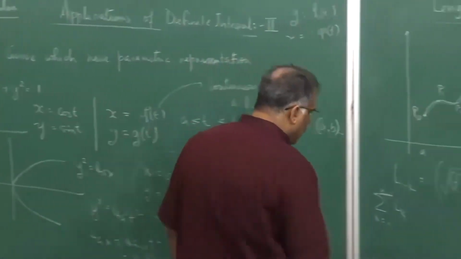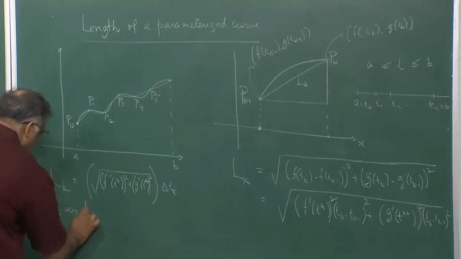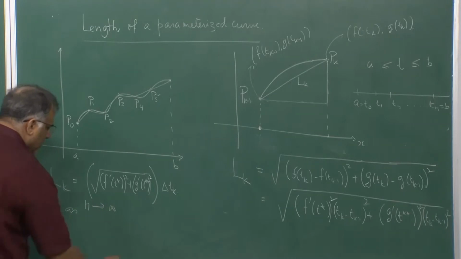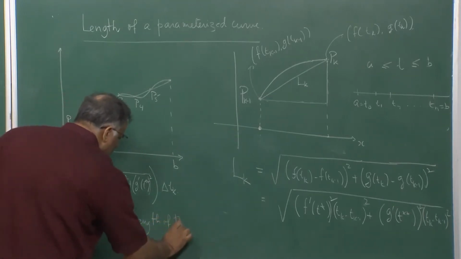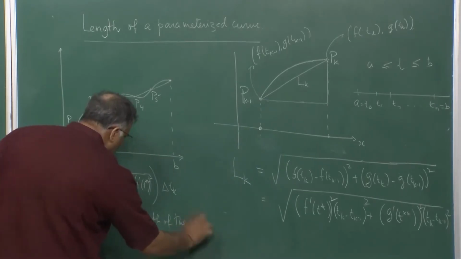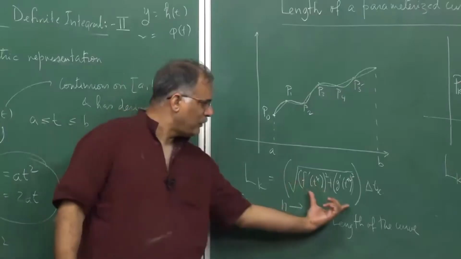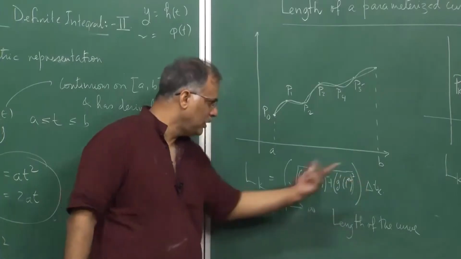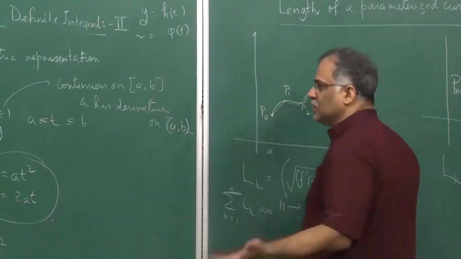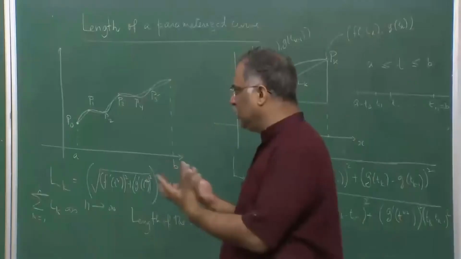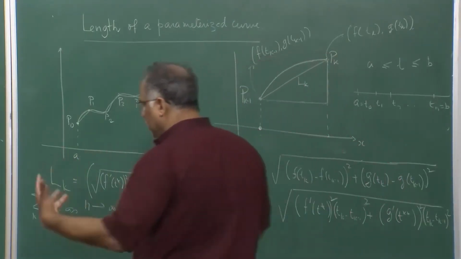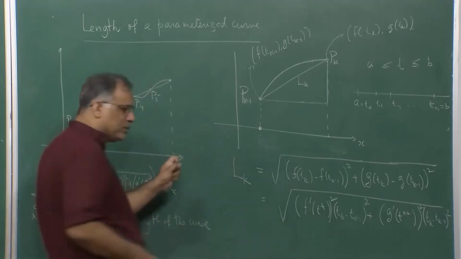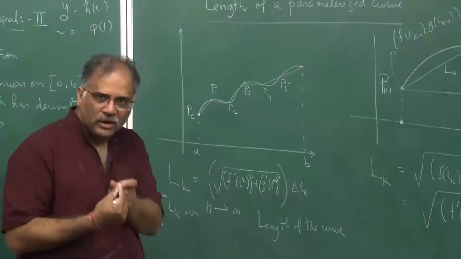So, if you look at it as n tends to infinity, the length of the curve is now an integration, where this is a function of t. It does not matter that I have written two different terms in terms of two different tag points. Ultimately, when the pieces become smaller and smaller, the tag points come nearer and nearer.